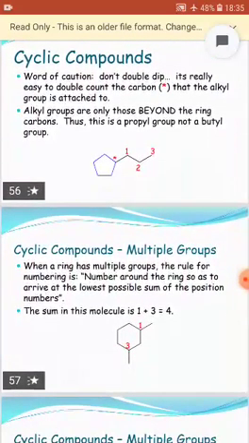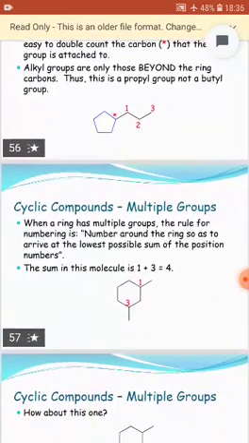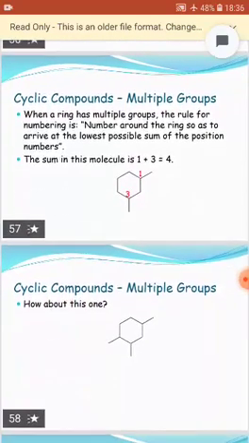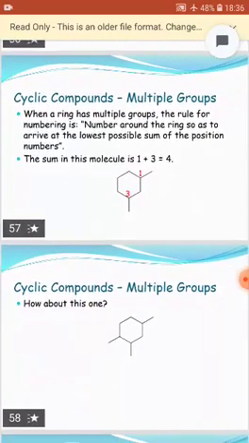Cyclic compound, multiple groups. When a ring has multiple groups, the rule for numbering is to number around the ring so as to arrive at the lowest possible sum of the position numbers. The sum in this molecule is 1 plus 3 equals 4.